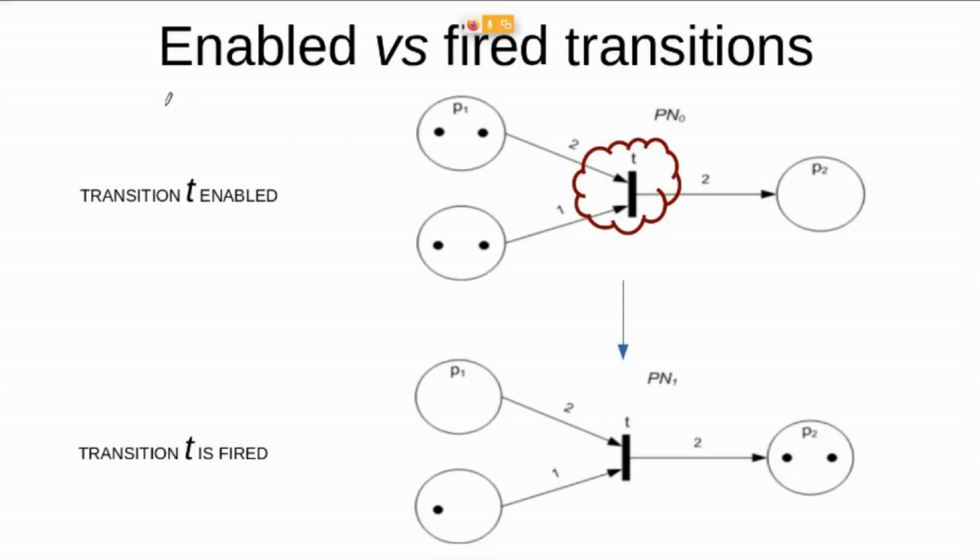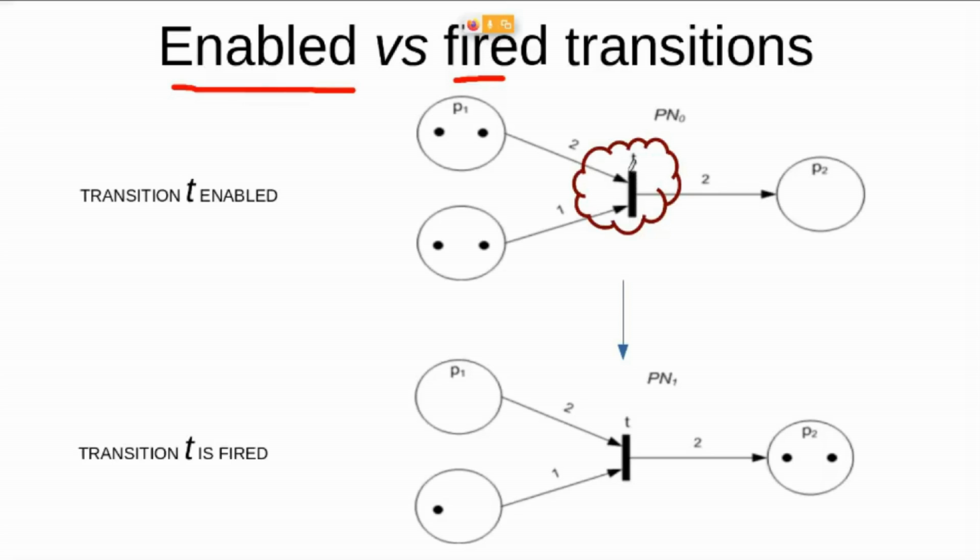Now, what's the difference between enabled and fired transitions? Let's have a look at these two situations. Here you have some condition, okay? Here we have the event T, the transition T. Here we have the condition that is called P1, and here we have another condition.